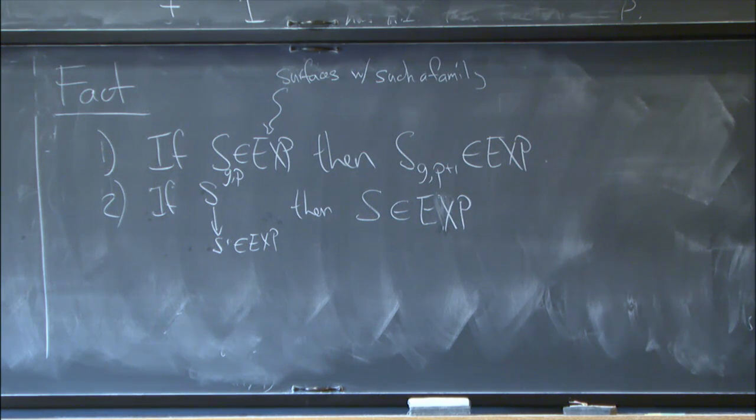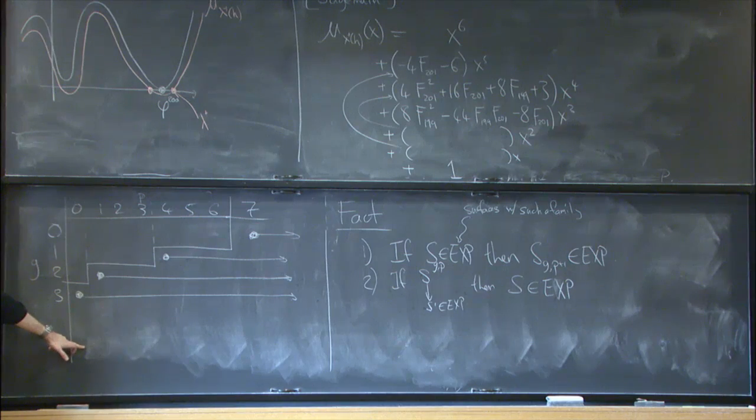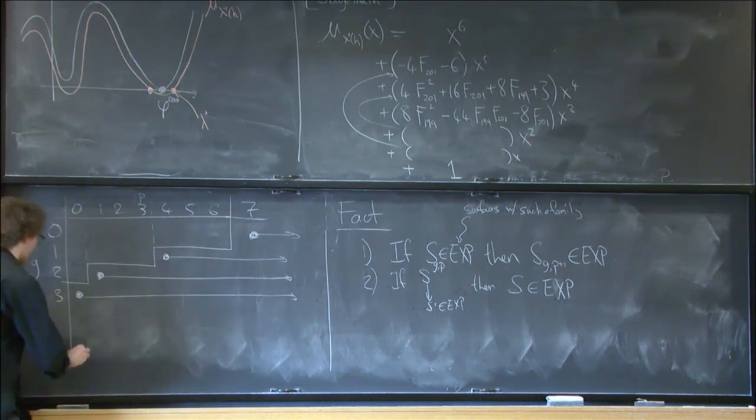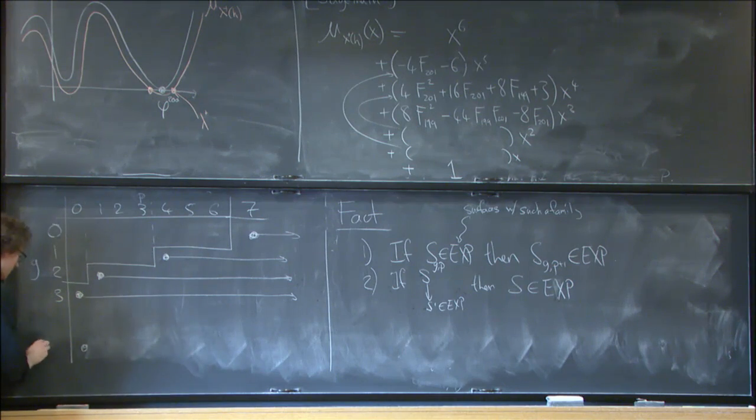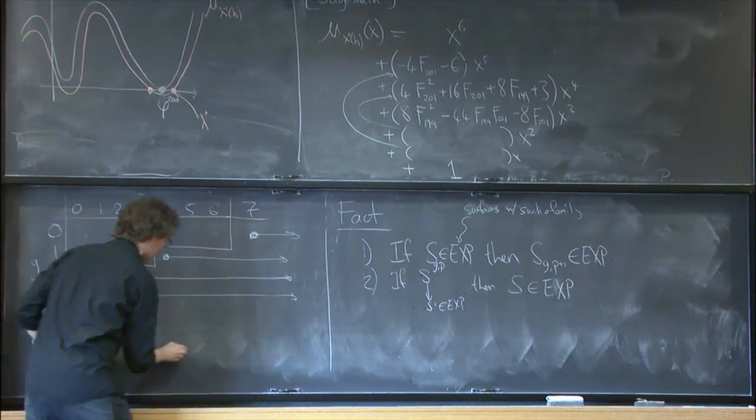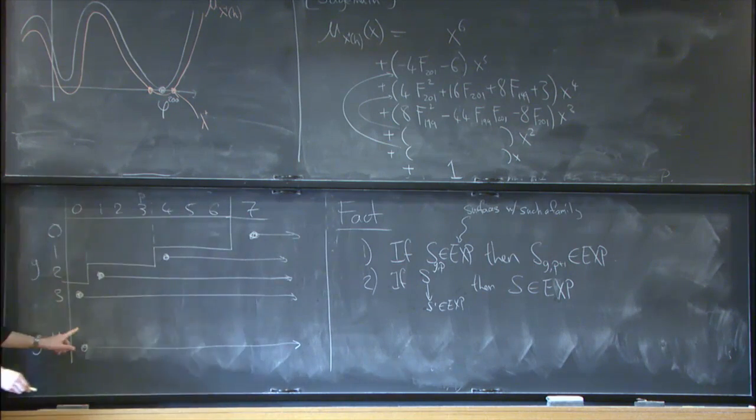Let's see, what do I get for this for free? Well, somewhere down here, I have the surface with odd genus. So down here, this is G odd, some odd genus surface. Well, this thing that I've got down here is a cover of S_{3,0}. So the fact that this has been taken care of does this case as well, and so we get the entirety of this row for free.